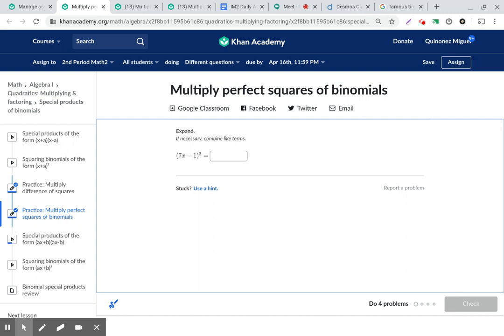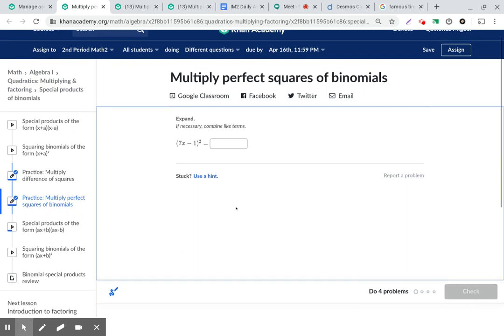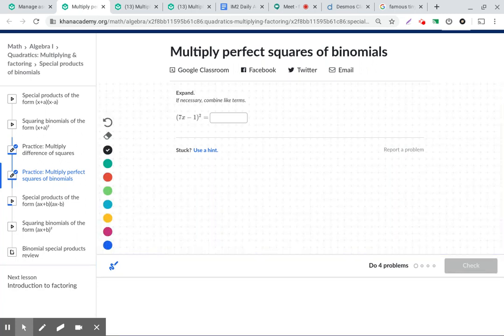I have a hard time remembering the names. I just know how to do them. That's all. That's what matters. Let's see here. I'm going to use the area model for this one just to show you.